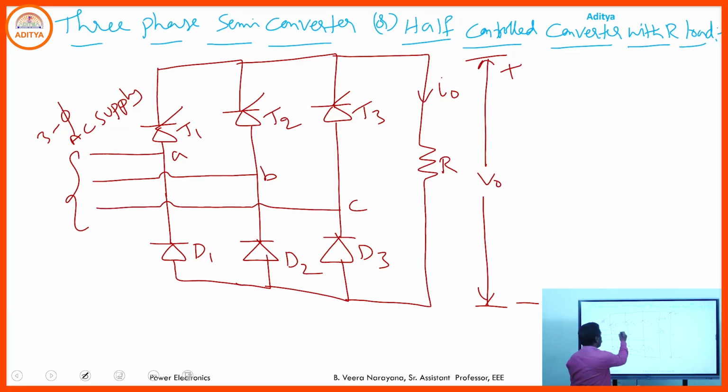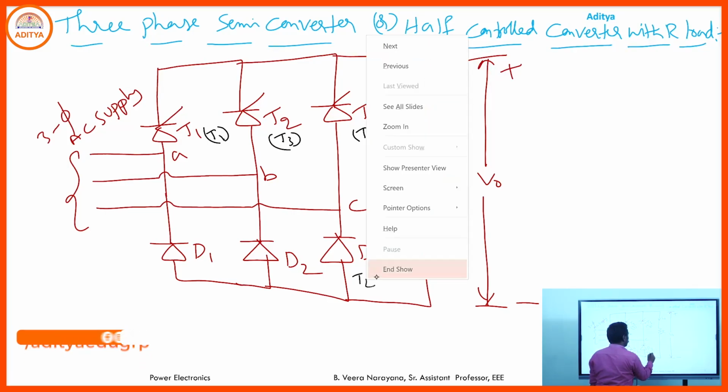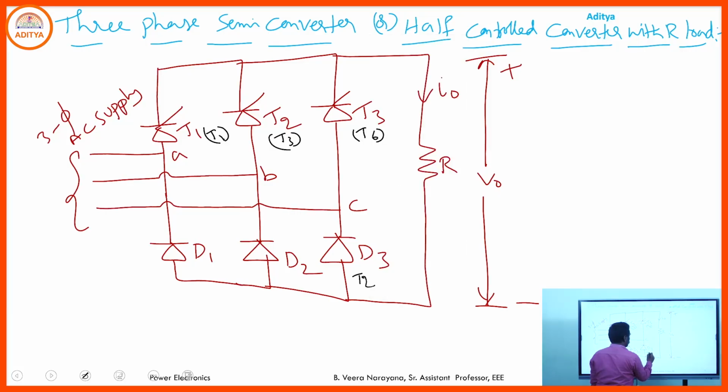So instead of here in the full wave control converter you have T1, here you have T3, here you have T5, and here you have T2, here it is T4, here it is T6. So instead of these T4, T6, T2, we keep the diodes like D1, D2, D3.